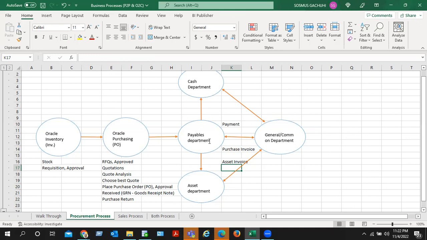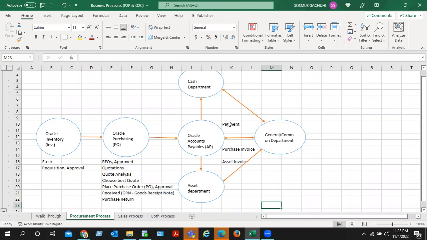So under the payables department, the application that Oracle has is known as Oracle Accounts Payables, and the abbreviated acronym is AP. AP, Oracle Accounts Payable.